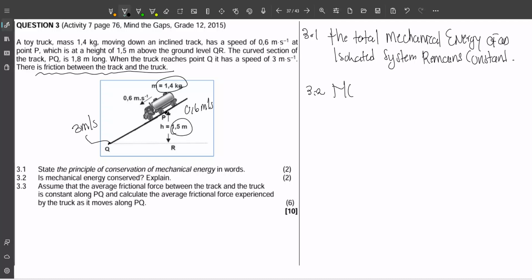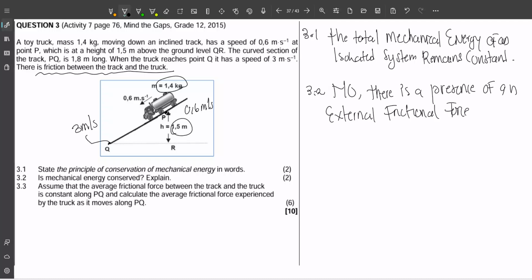So in other words, no, the mechanical energy is not conserved, and the reason is that there is the presence of an external frictional force. That is why mechanical energy is not conserved. If the frictional force were absent, the mechanical energy would be conserved.